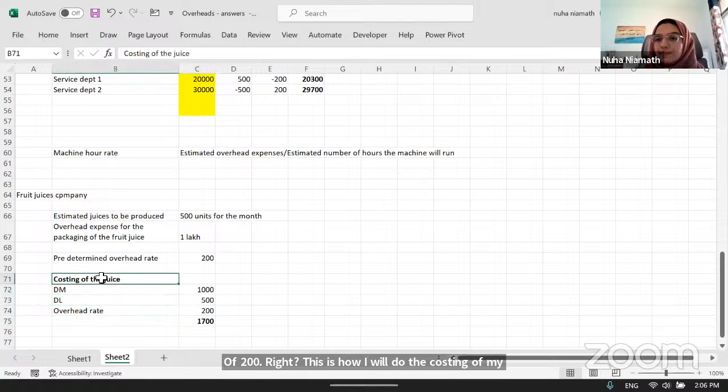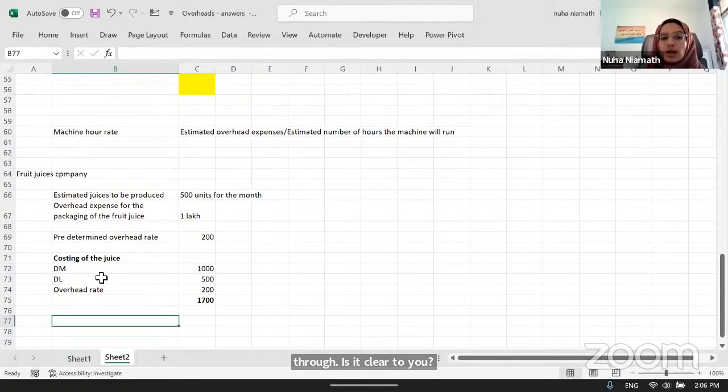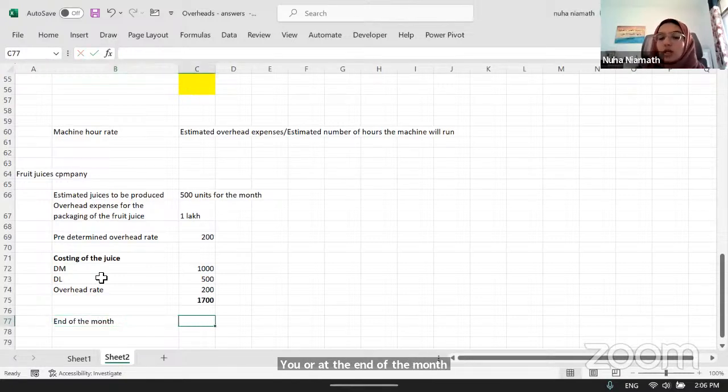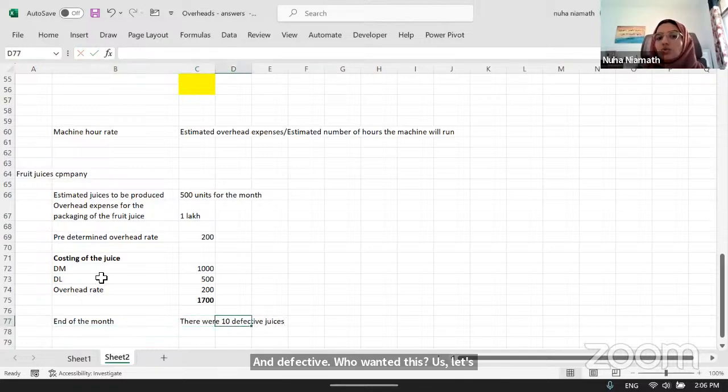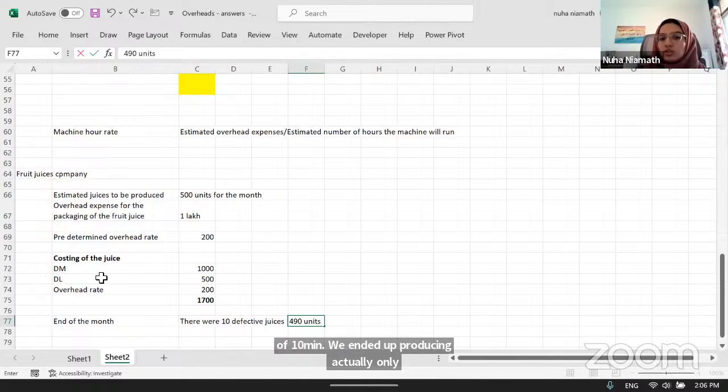Is it clear till here? Okay. So now what happens is at the end of the month, there is a problem. There were 10 defective juice bottles because the packaging was not good. So we had to dispose of 10 units. So we ended up producing actually only 490 units.